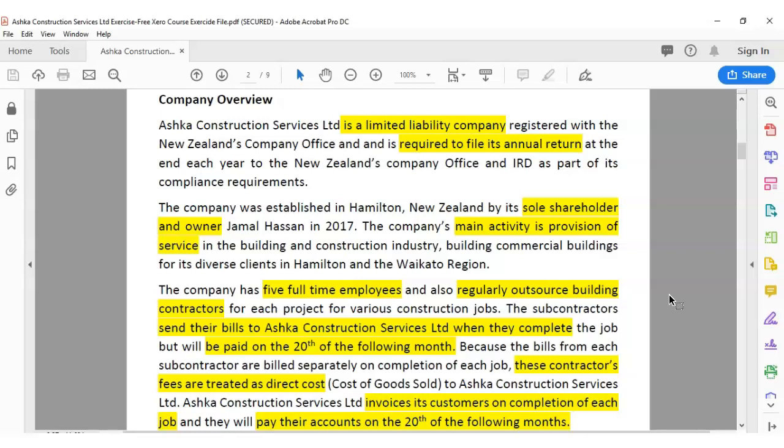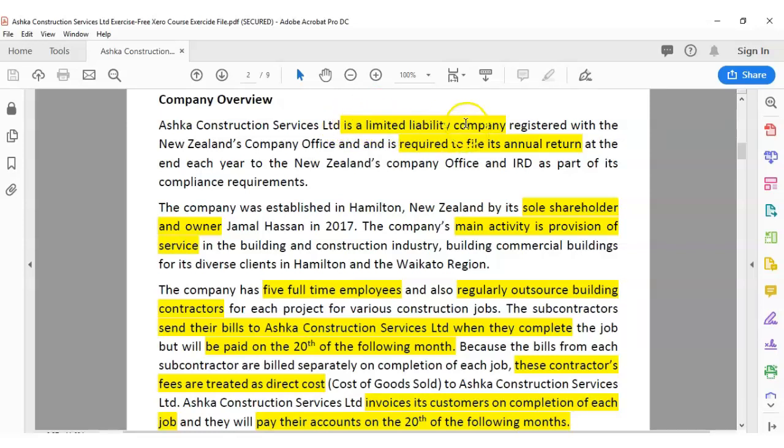Ashka Construction Services Limited is a limited liability company registered with the New Zealand Company Office and is required to file its annual return at the end of each year to the New Zealand Company Office and IRD as part of its compliance requirement. So the first piece of information that you get here is about the structure of the business.